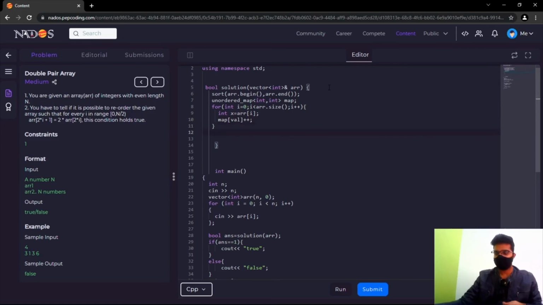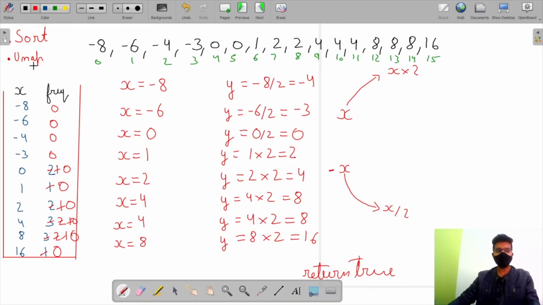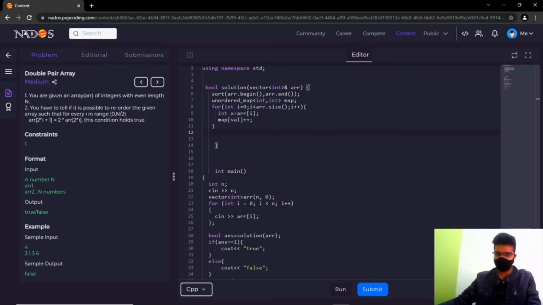Right. So now I completed my two steps, that was sorting and then storing the values in my map. Now let's see what I'm going to do. Now I'm going to traverse my new array, that is the sorted array. So int i is equal to 0, i is less than array.size, i plus plus.